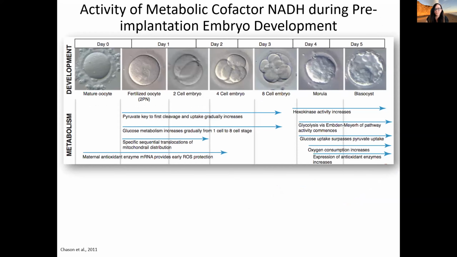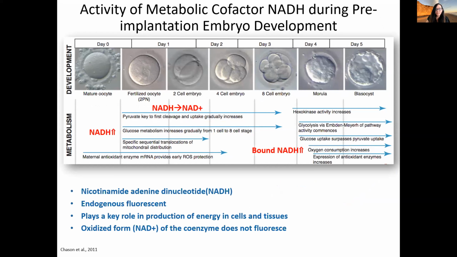If we take a closer look at each of the stages here, our hypothesis, concluding from the biochemical analysis of the stages of embryo development, is that during the early stages, from the first fertilized oocyte all the way up through probably the 4 to 8 cell stage, we would see an increase in the amount of NADH, which could dictate the autofluorescence, with the free amount of NADH.